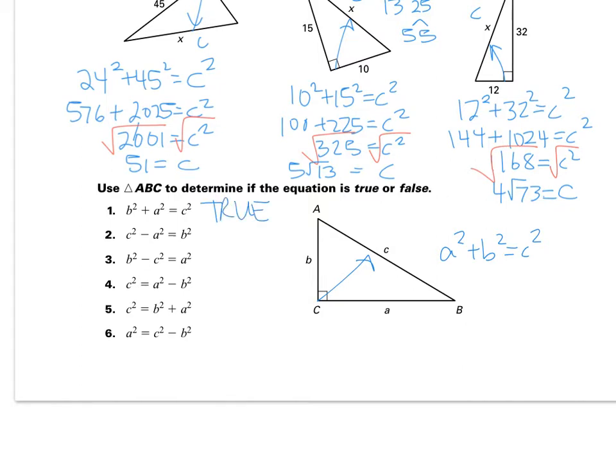If I move the a squared to the other side, this would be true. C squared is always the biggest number, so this would be false. C squared equals the sum. And if I make the b squared go over to the other side, that would be true also.